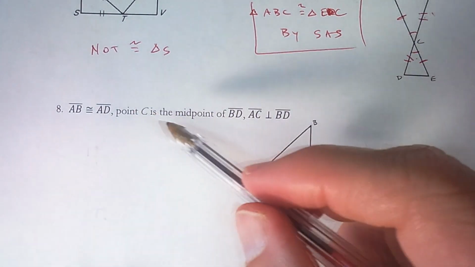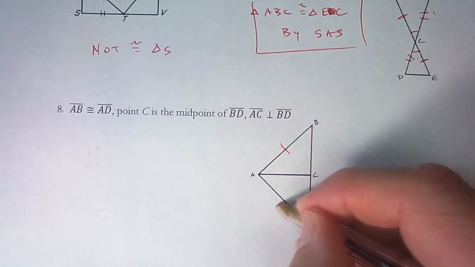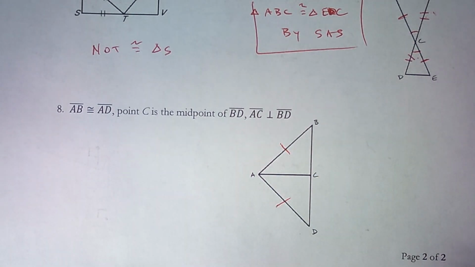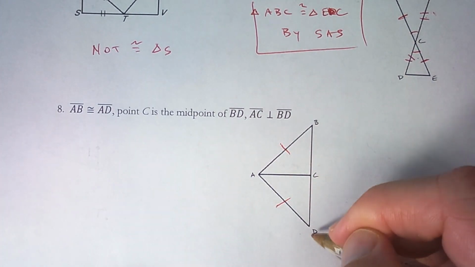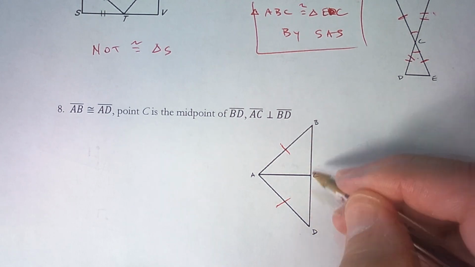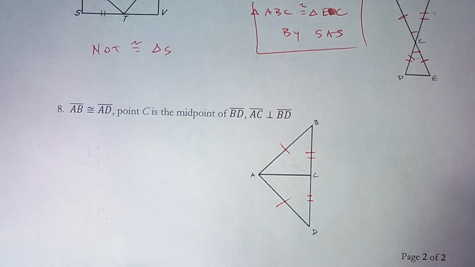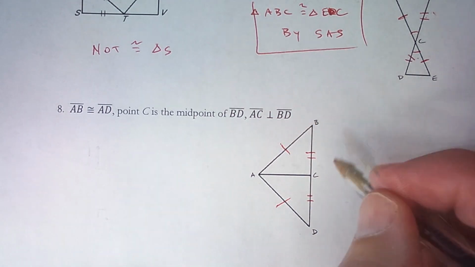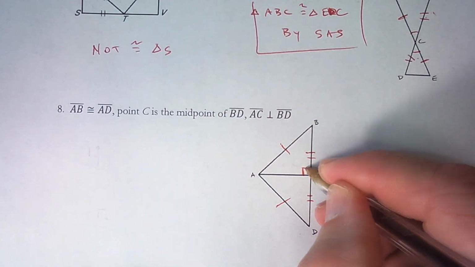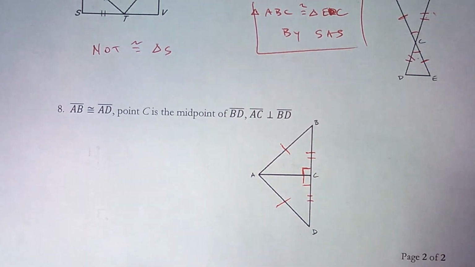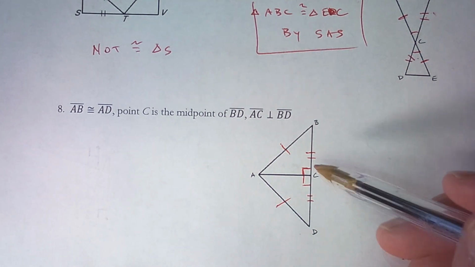And last, AB and AD are congruent. C is the midpoint of BD, so BD is cut in half. And AC is perpendicular to BD. Now there's actually two reasons I could give for this one.